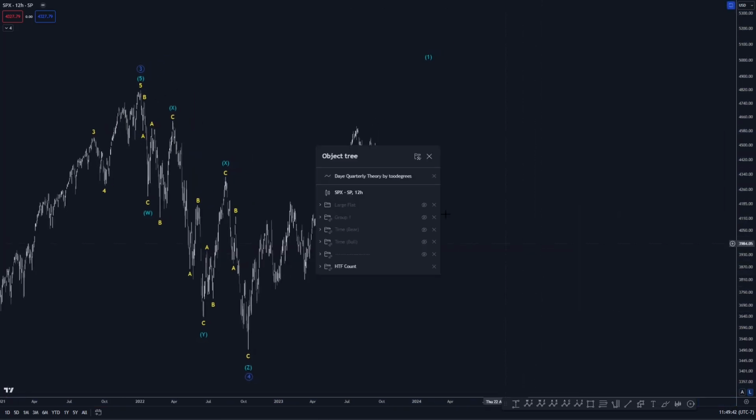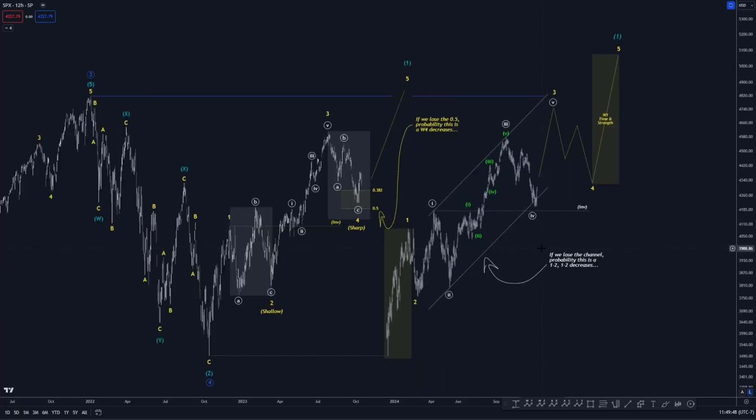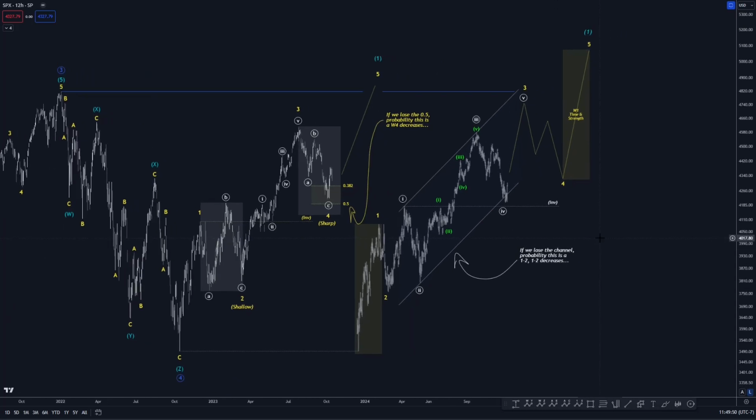So it's a matter of seeing this as a regular impulse or a 1-2, 1-2, meaning a regular impulse, a 1-2-3-4-5, nice five-swing structure, or a 1-2, 1-2.